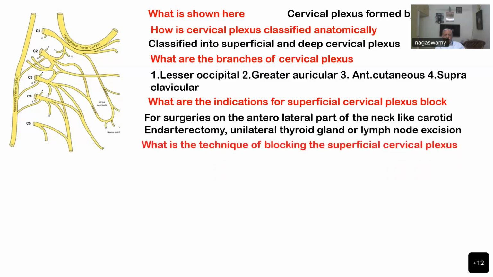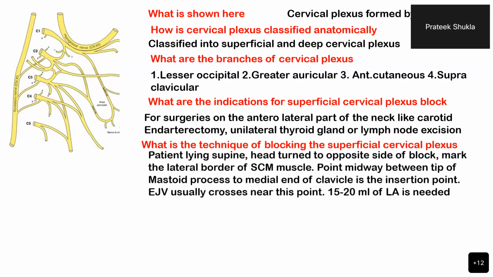Okay, what is the technique of blocking superficial cervical plexus? Line technique. Position, preparation, palpation, puncture. 4 P's you have to remember. Supine patient head turned towards the other side. Patient lying supine, head turned to the opposite side of block.